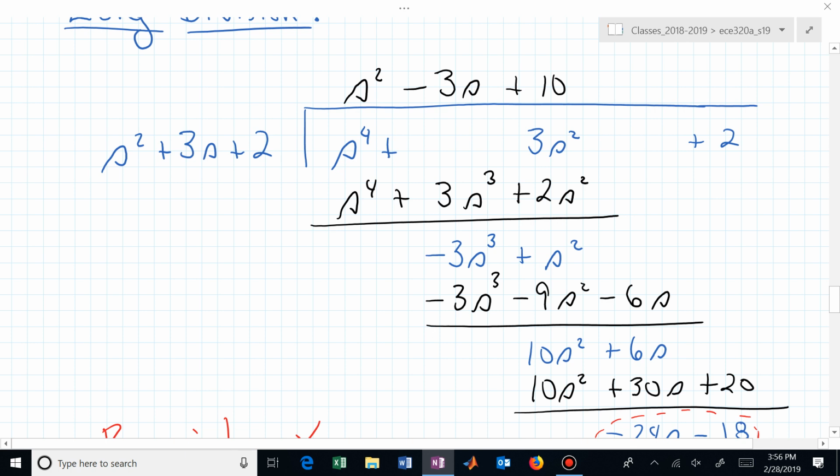Where were we? We were still stuck on 2, weren't we? Now are we off of 2? I think we were comparing this black line to the minus 3s cubed. Doing the comparison, we end up with 10s squared. We need to see, is this power less than the denominator's largest power?